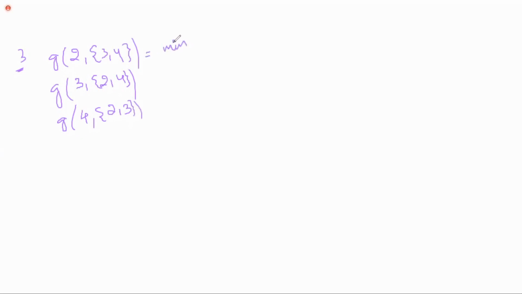Minimum of, now my j belongs to 3 as well as 4. Right? Here we will get 2 values. C2,3. First I'm considering my j value as 3. So C2,3 plus g of j comma, j is 3, j comma s minus j, s is 3, 4 minus 3. 3, 4 minus 3 means we will have only 4. Am I clear with this step?